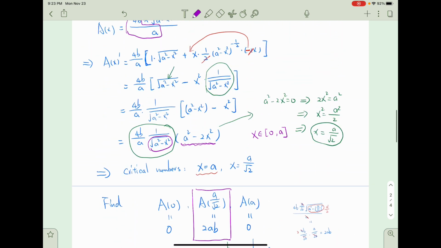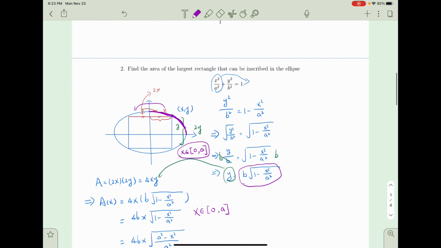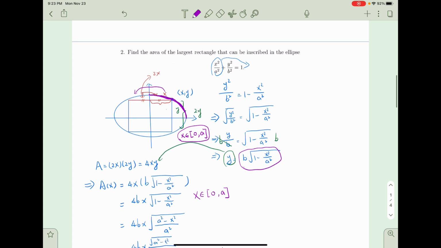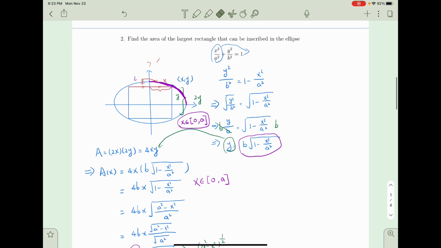You can imagine if you go back to the picture, this is our a, right?